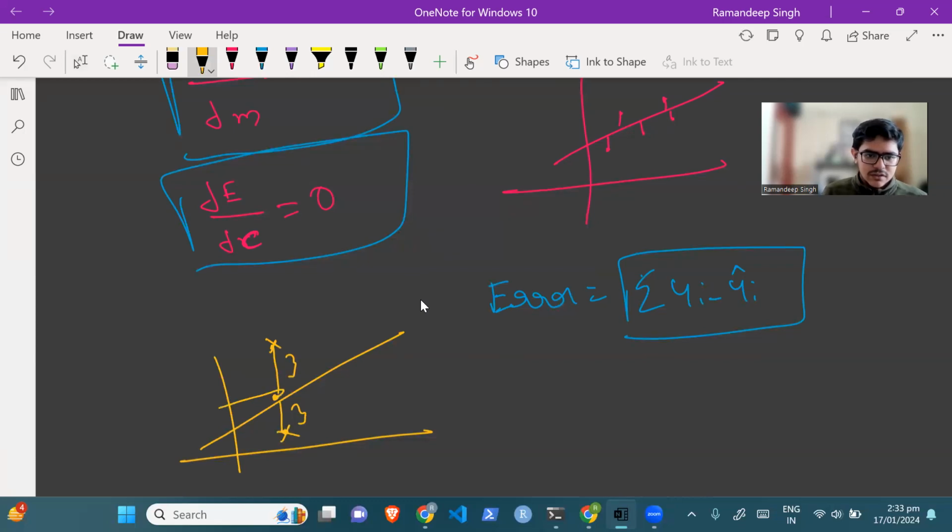Suppose this was 5 LPA and this is 10 LPA, and suppose this is 0 LPA for now. These are hypothetical figures.